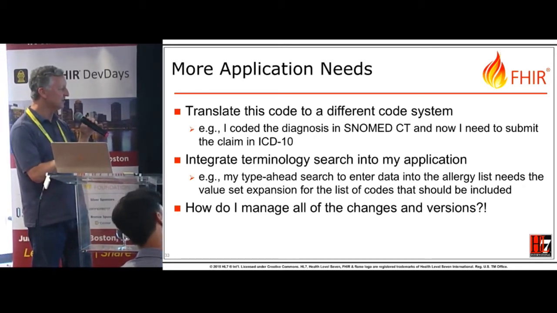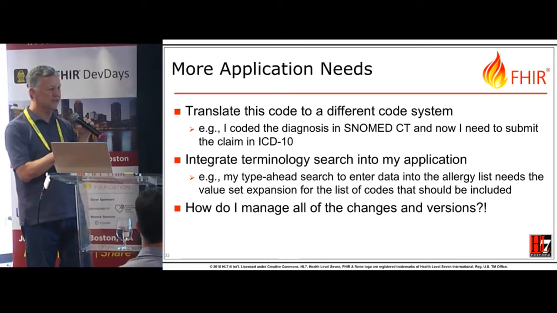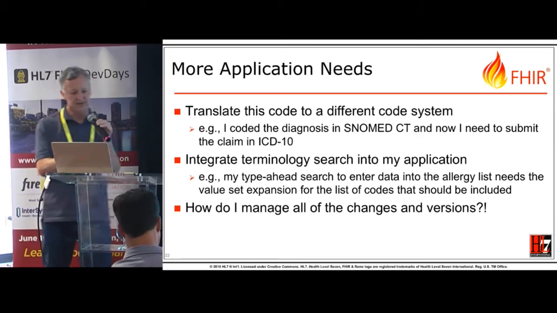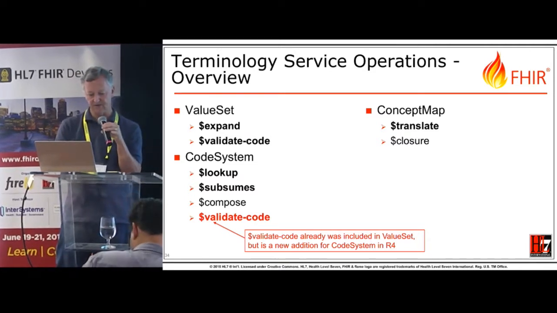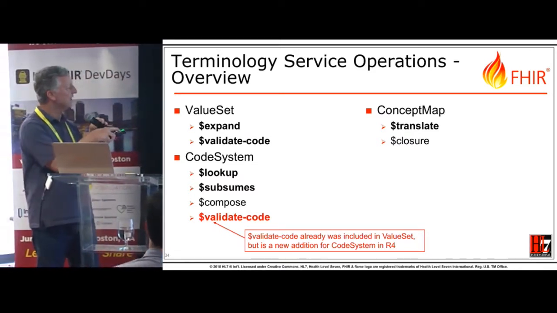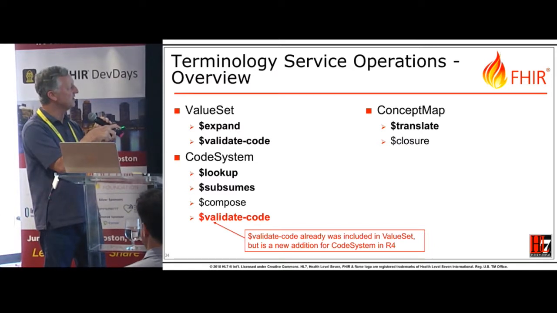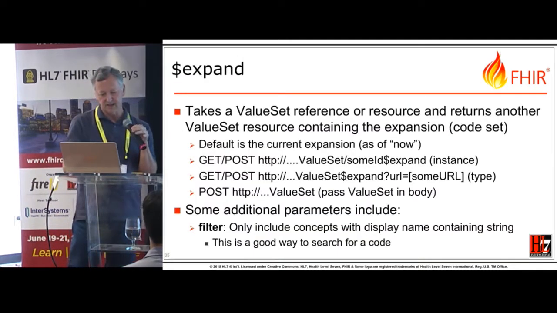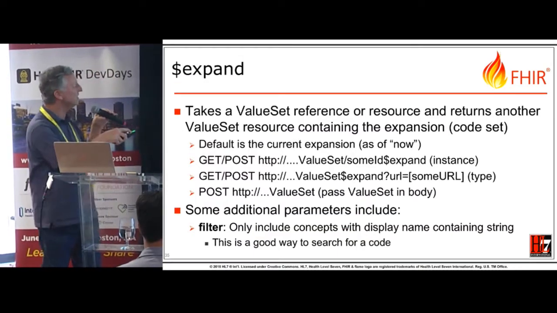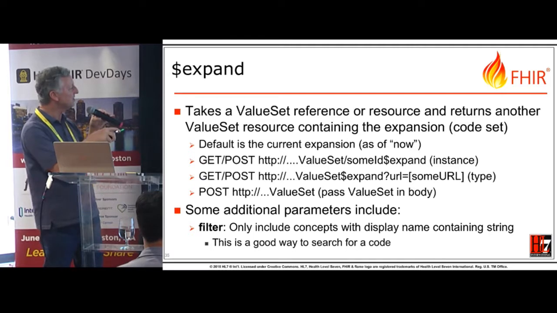And how do I deal with all these changes that are happening in these code systems, and manage those versions and all that? So we need to be able to do all that. And the operations that we have are the ones I was planning to touch on. They basically deal with, right now, expand and validate code, and one's in bold. And again, we're running really short on time, but we'll take a look at some of this.